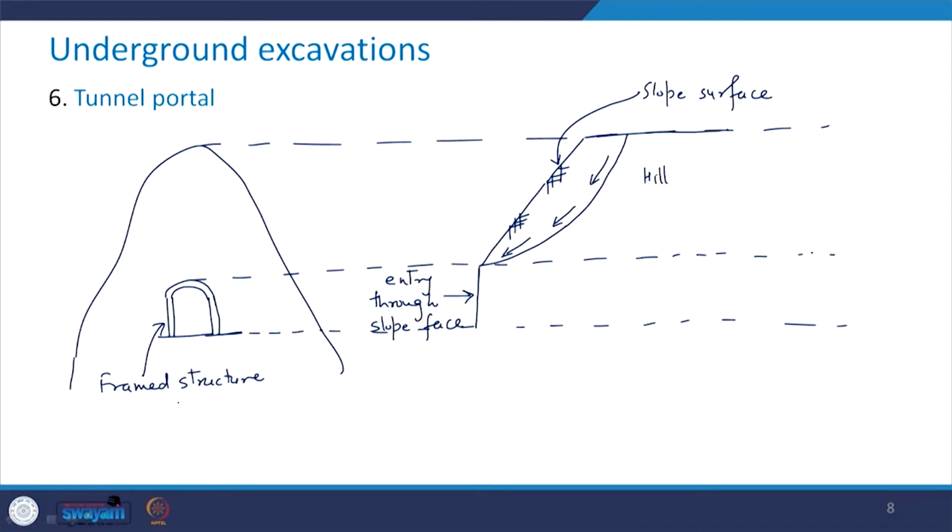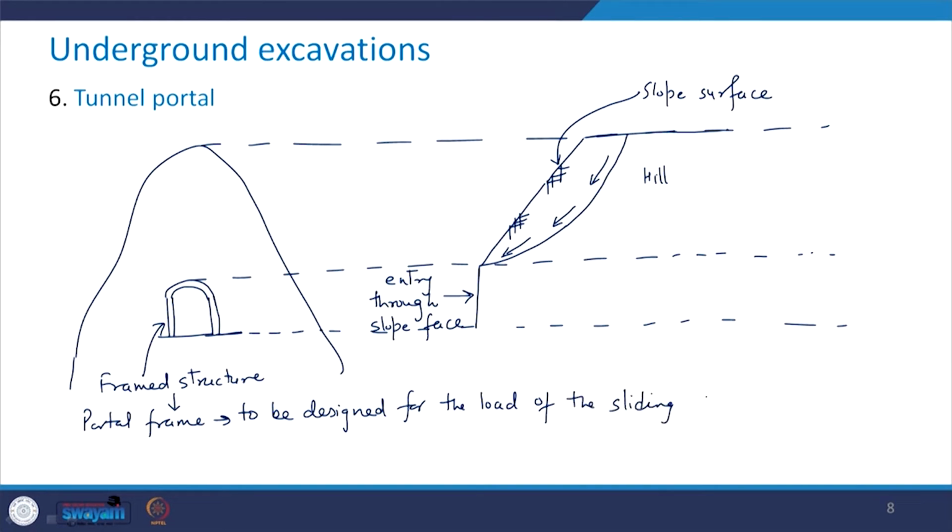So, there is this framed structure which is called the portal frame, and this should be designed for the load of the sliding hill mass in case the hill is unstable.